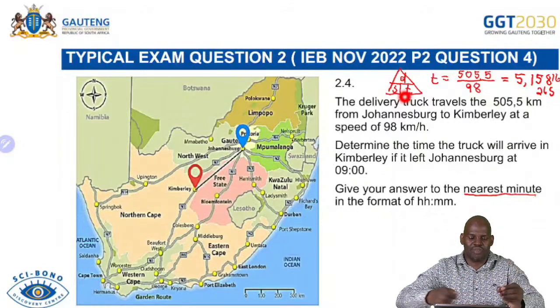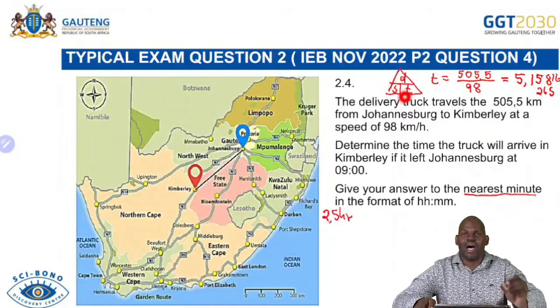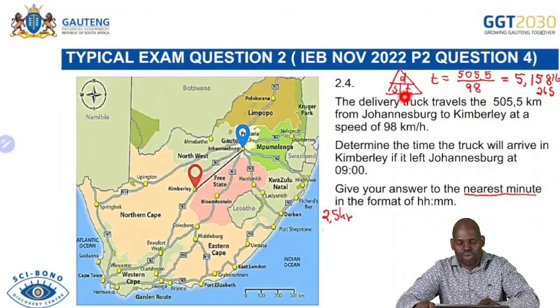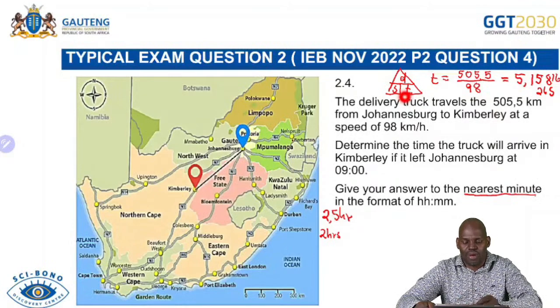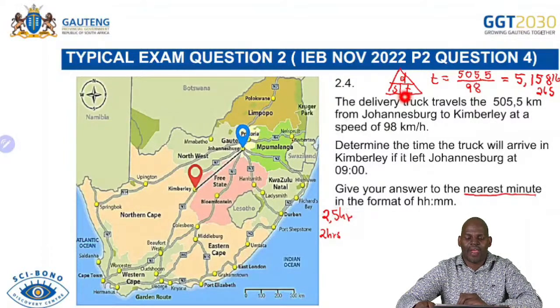For instance, if I give you an example, if we've got 2,5 of an hour, and they say write this in hours and minutes, automatically you know that this is 2 hours. But that 5 after the comma, does it mean it's 5 minutes? No, it doesn't. It means it's a fraction of an hour. And that fraction of an hour is 0,5.